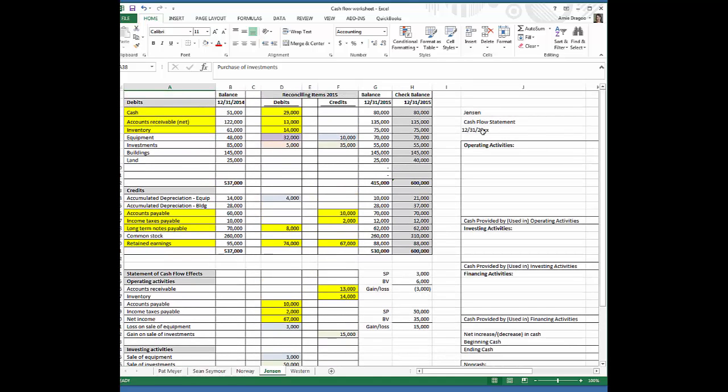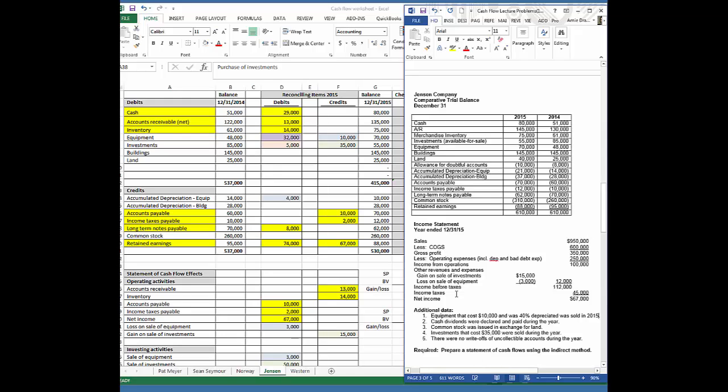Okay, I'm going to just start reviewing my balances. So building had no change, so we have the land yet to look at. That's not in balance. We have the accumulated depreciation. Now we can tackle this one pretty easily. Sometimes the problem will let you know what the depreciation expense is that would go into this slot, but sometimes you would just have to compute that. Okay, so there is depreciation, but the balance isn't given.